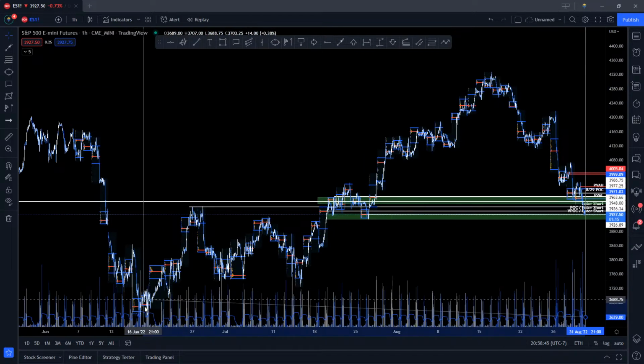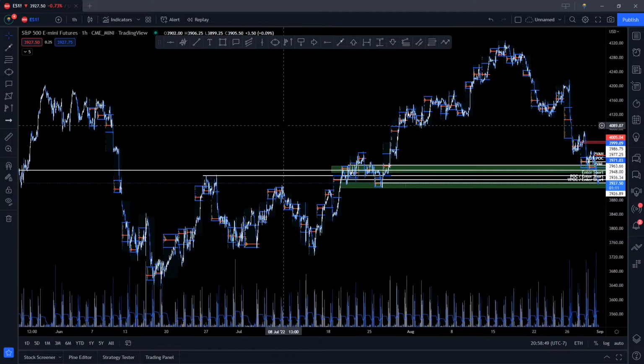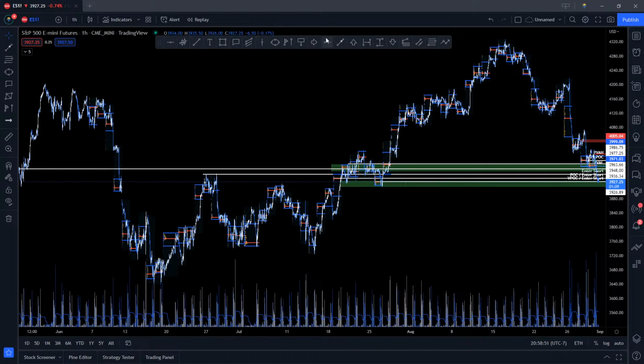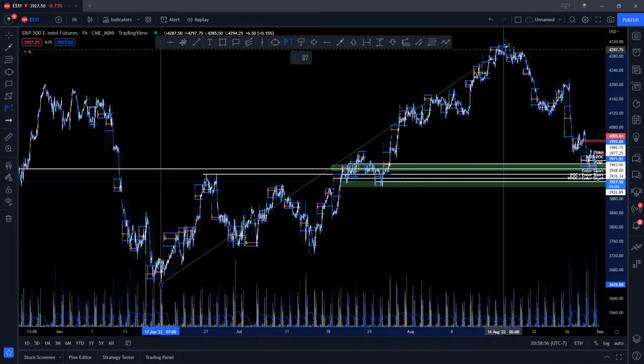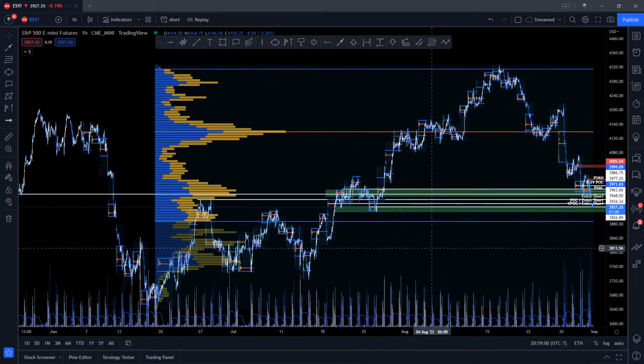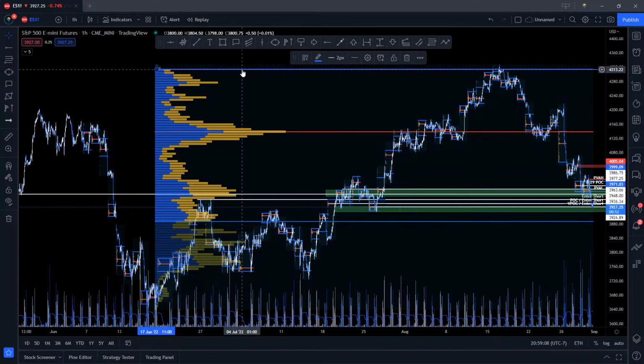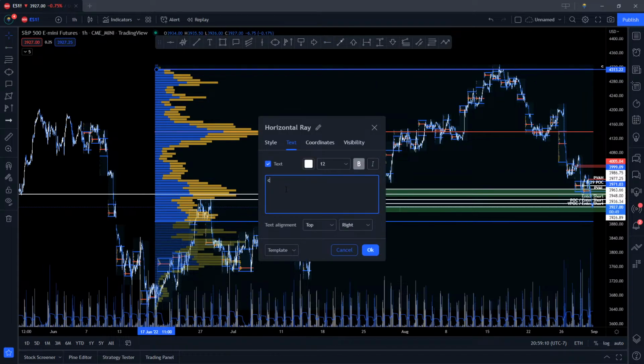This will be really fast, guys. And you want to label these as well. I'm not going to label all of them. Just going to show you how I do it.